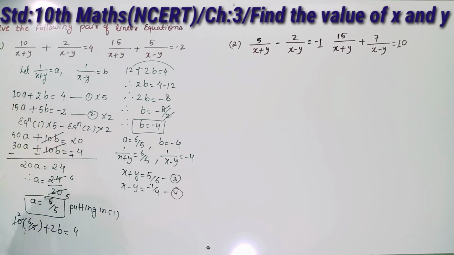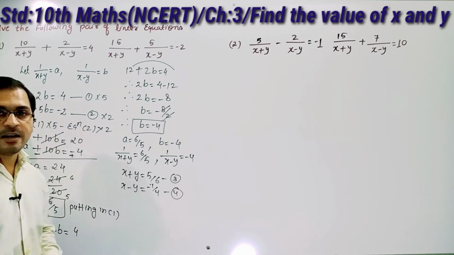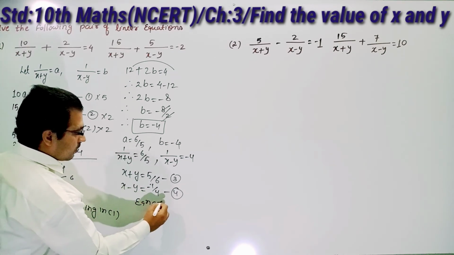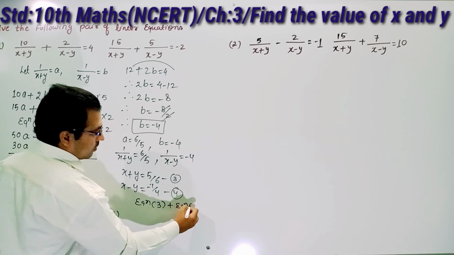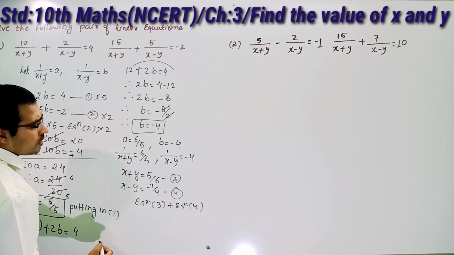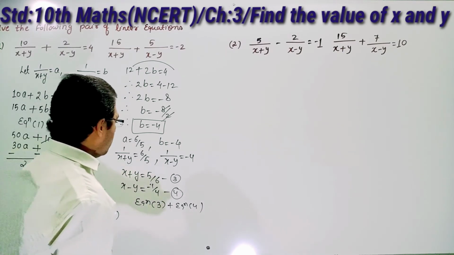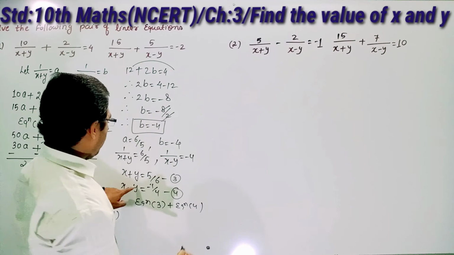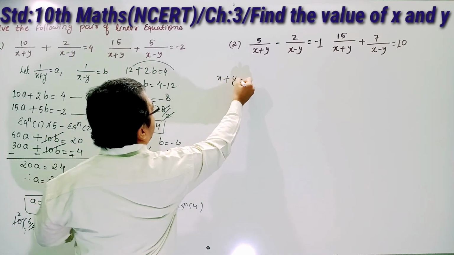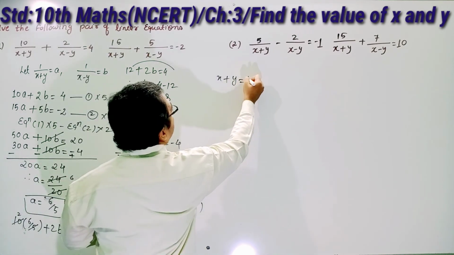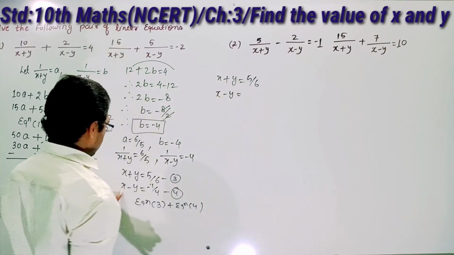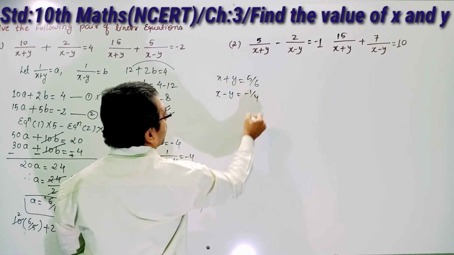So students, we want to find the value of x and y. So what will we do here? Equation 3 plus equation 4. If we do this, we can get x plus y is equal to 5 by 6, and x minus y is equal to minus 1 by 4.